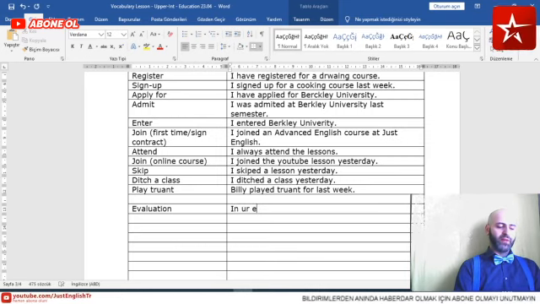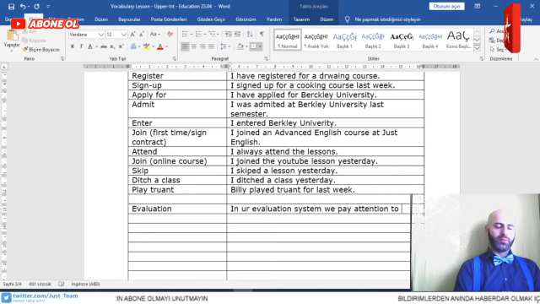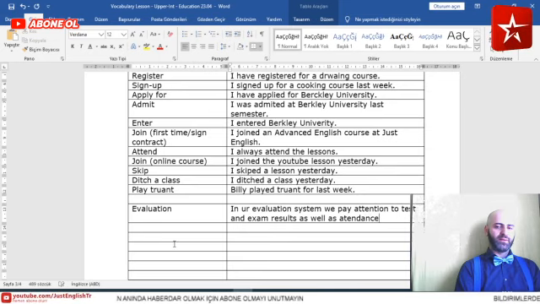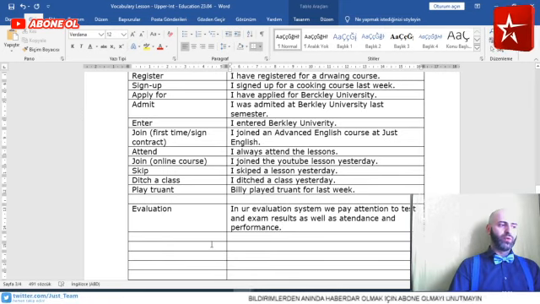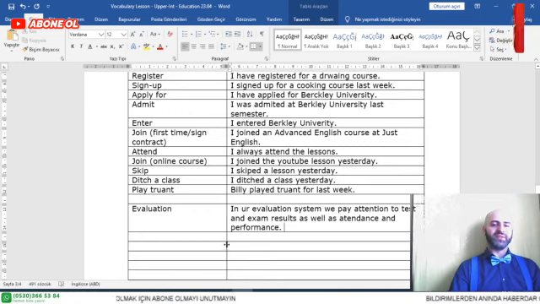In our evaluation system, we pay attention to test and exam results as well as attendance and performance. Okay, so we pay attention to test result, exam result, student attendance and student performance as well.